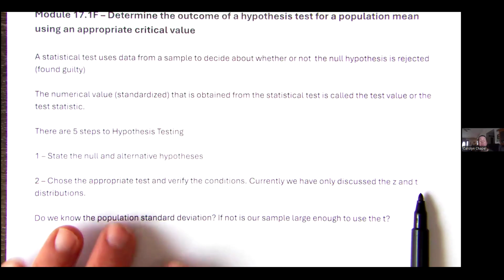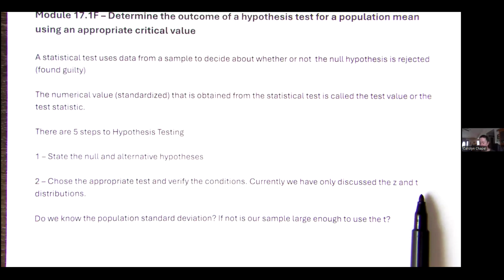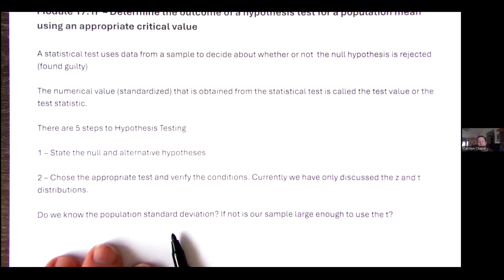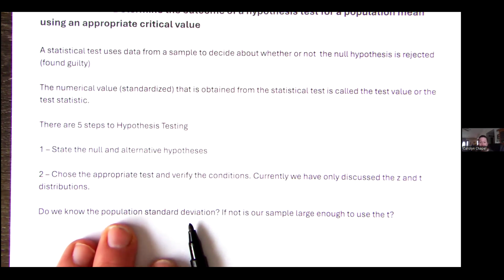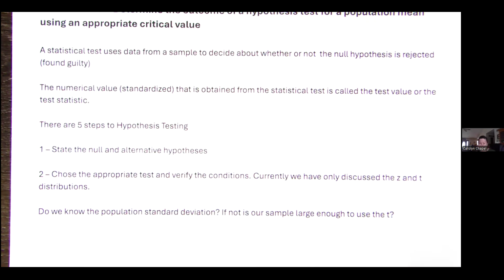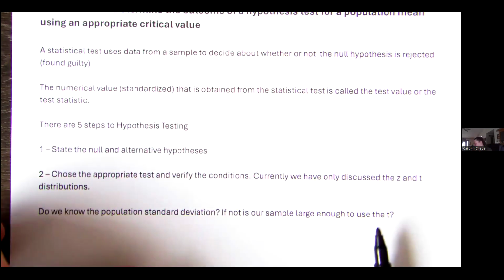And we've talked about the conditions that are needed for those, and those will be the same in this situation as well. So when we're talking about the mean, if we know the population standard deviation, we will be using our z, provided that it is also a large enough sample. If we don't know our population standard deviation, we use our t distribution.